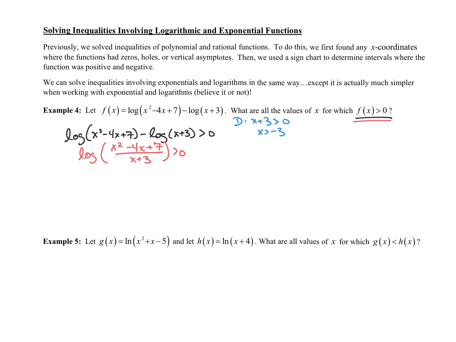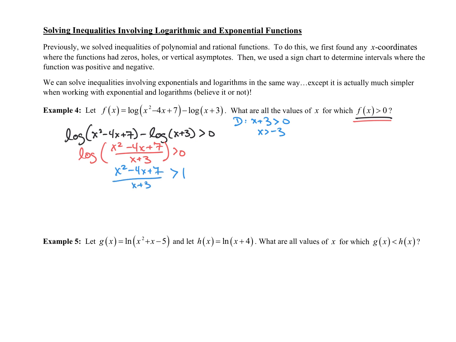Right now it's in logarithmic form. So what form are we going to put it in? Exponential form. And so what's my a? 10. So now I have 10 to the power of 0. What is 10 to the power of 0? 1. And so now I have x squared minus 4x plus 7 over x plus 3 is greater than 1.